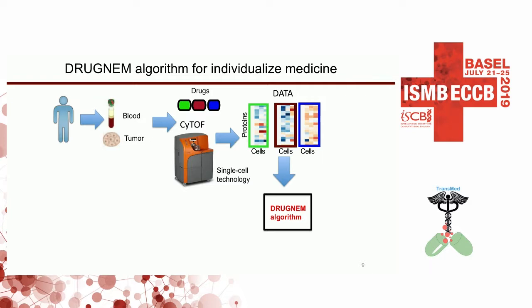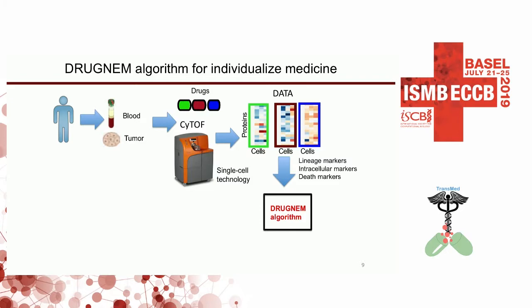So here is just a framework for applying DrugNEM within a clinical setting. If we were to collect, let's say, tumor samples from a patient, blood or solid tumors, then we dissociate the cells and we treat them with drugs denoted here as green, red, and blue, using single-cell technologies like CyTOF. Then an optimal data set for DrugNEM should have markers that can identify lineages, intracellular markers, as well as a strong drug response marker, the desired response.